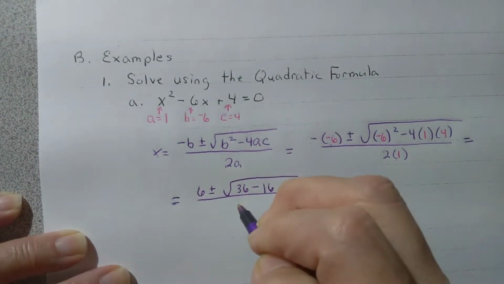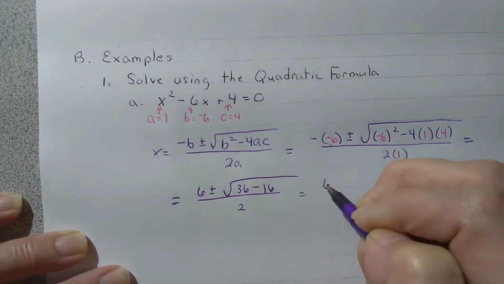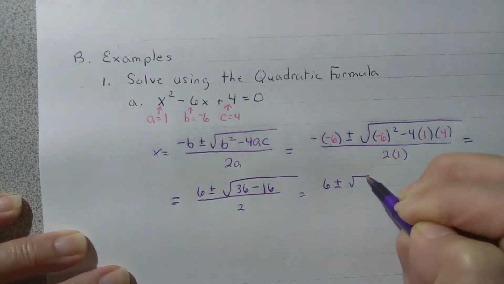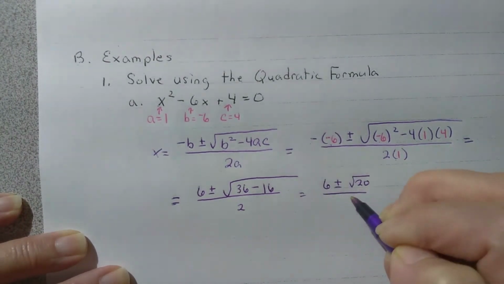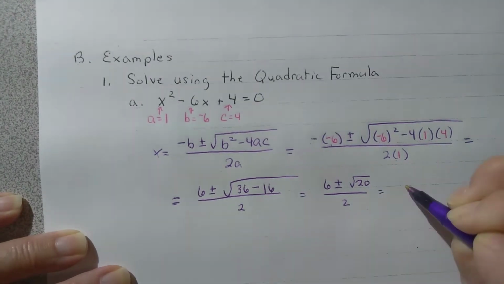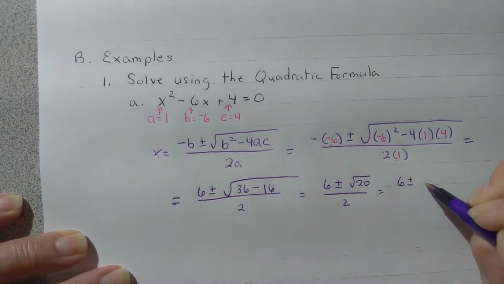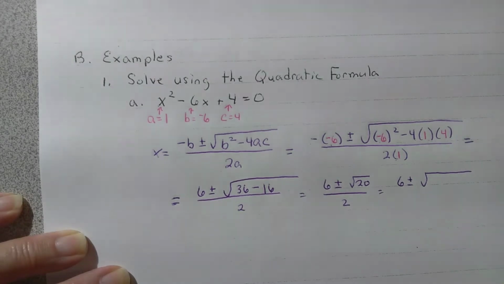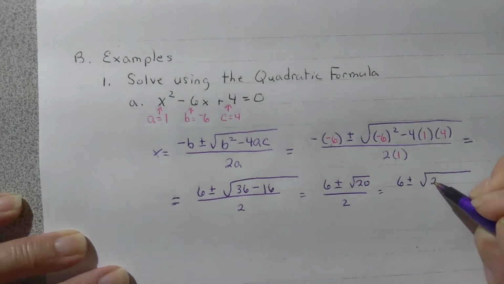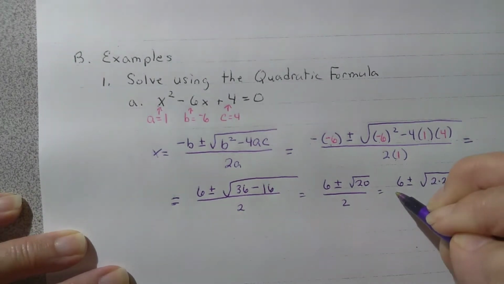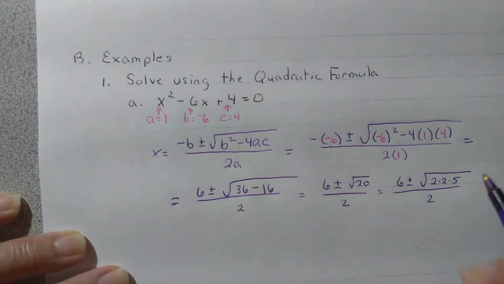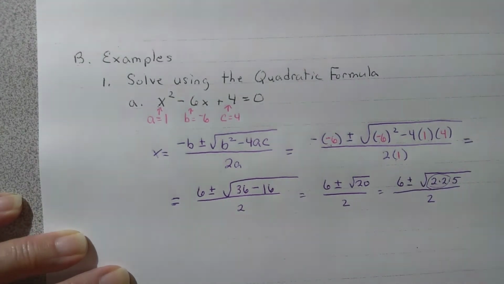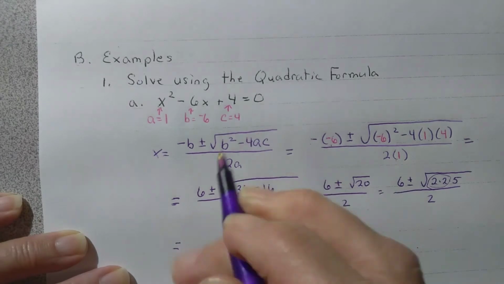And 2 times 1 is 2, which means we have 6 plus or minus the square root of 20 all over 2. Please remember from earlier when we practiced simplifying radicals, 20 is 2 times 2 times 5, which means that I can pull this 2 out, which will make it look like this.